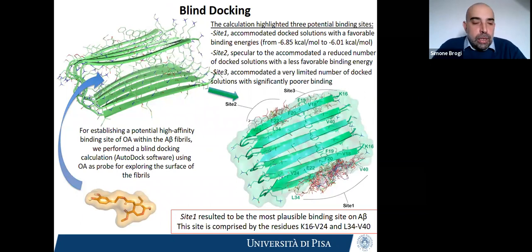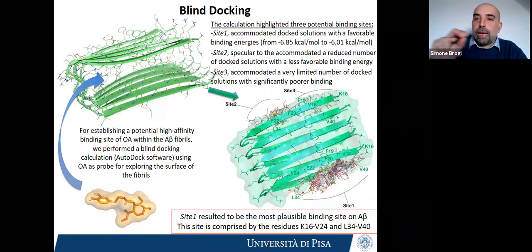In particular, we explored the possibility of oleuropein aglycone to bind the preformed fibrils, and for this kind of calculation we used a molecular docking calculation called blind docking, in order to use oleuropein aglycone as a probe for exploring the surface of amyloid beta fibrils.